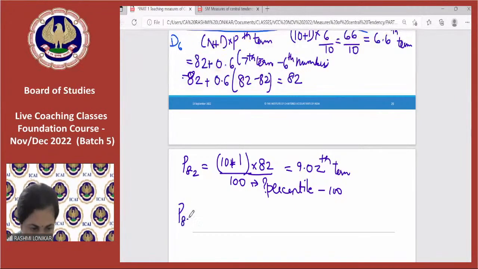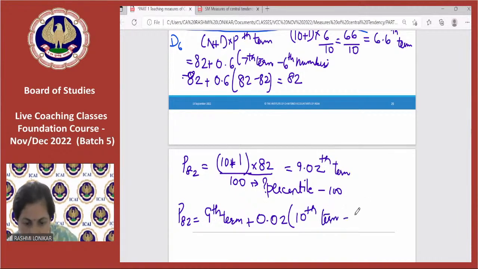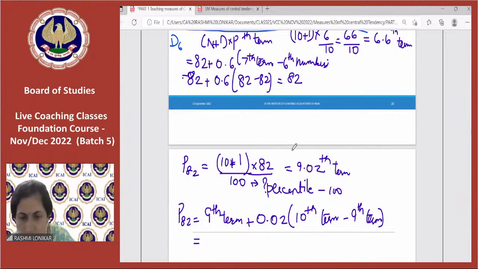So P82 will be equal to the ninth term plus 0.02 into 10th term minus 9th term. Now what is the ninth term? What is the ninth term here? What is given to you?